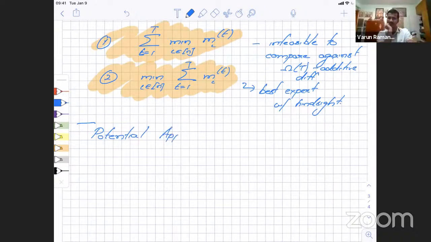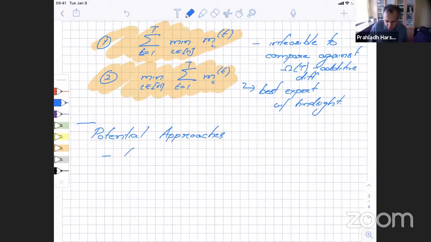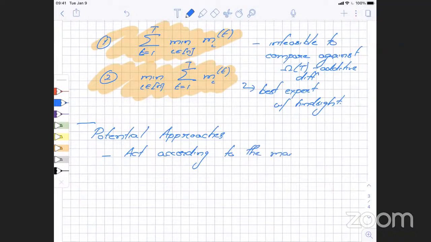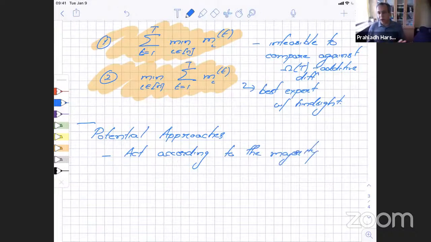You can keep some kind of confidence over these experts. But before that, let's take out the basic things. Act according to the majority. That's one option, but this is a bad option, because it might be that the majority of the experts actually get it wrong. There might actually be one expert that gets it correct all the time, but the majority of the experts always get it wrong. So you can't be acting according to the majority.